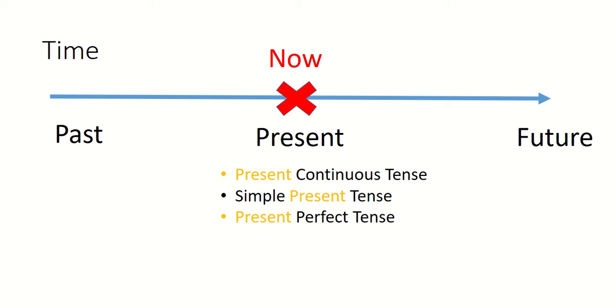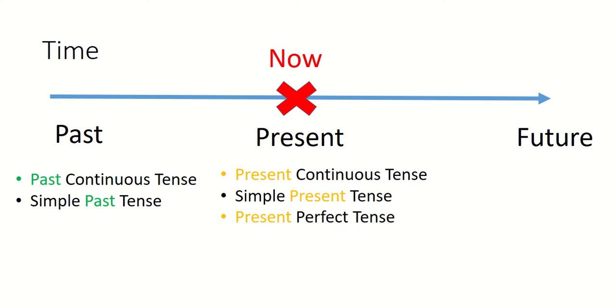You've learned present perfect tense in P5 last year, right? For past tense, you have learned past continuous and simple past. For future, you have just learned simple future tense. That means will plus the bare infinitive.